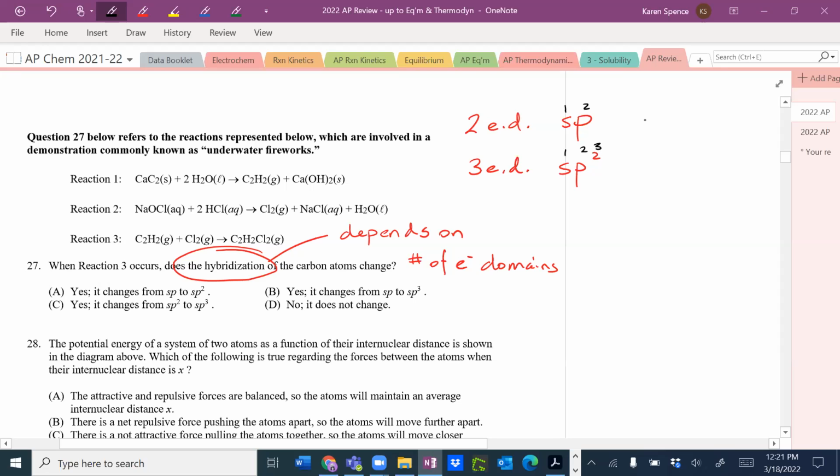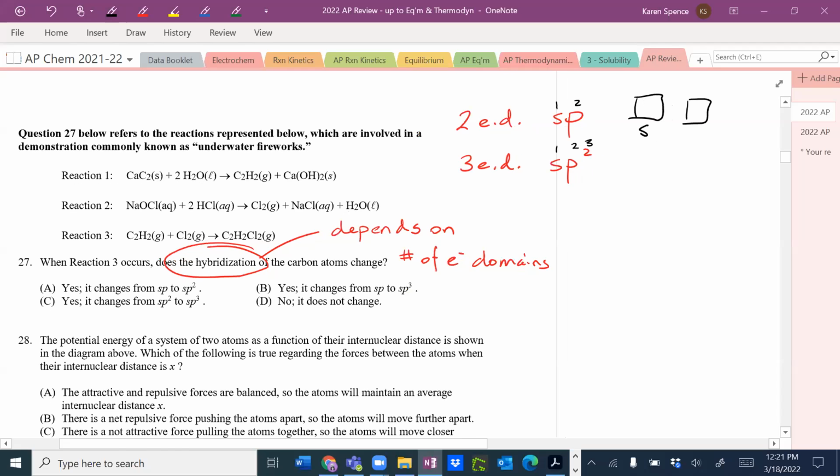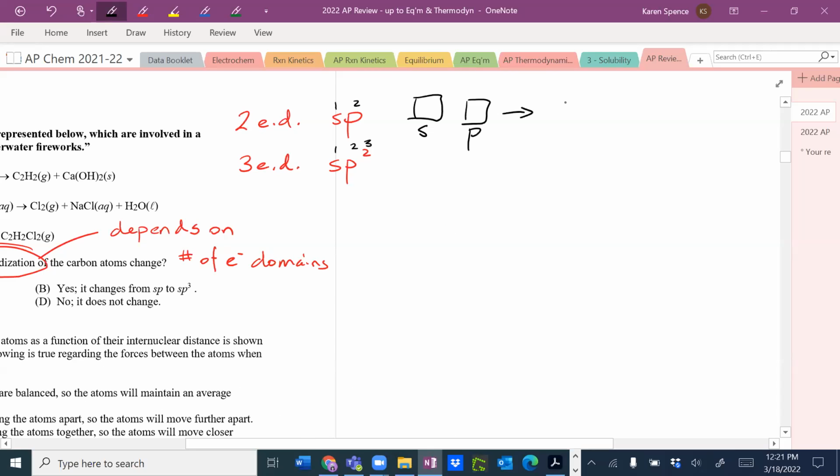Because you've got an s and a p that have been hybridized into 2 sp orbitals.